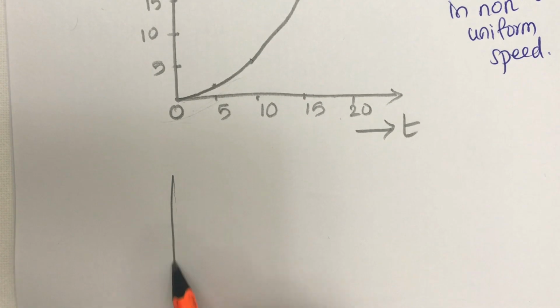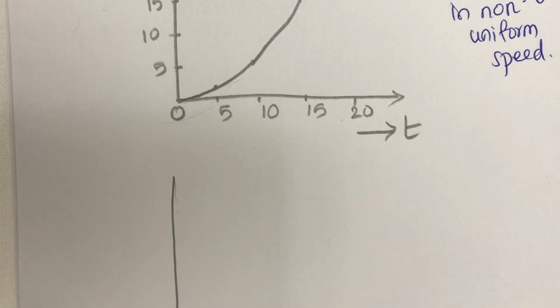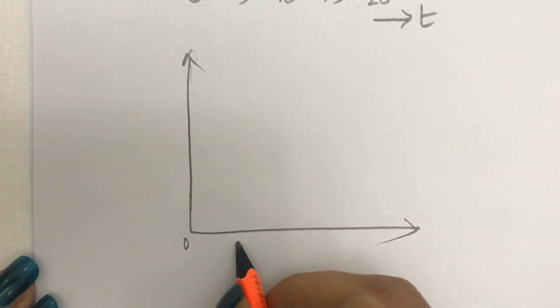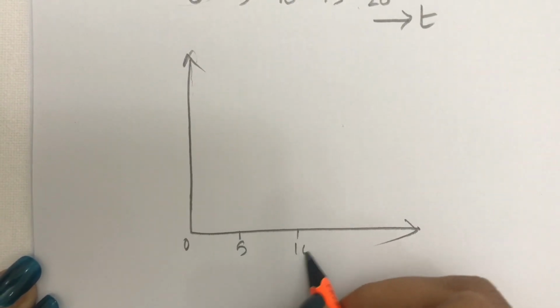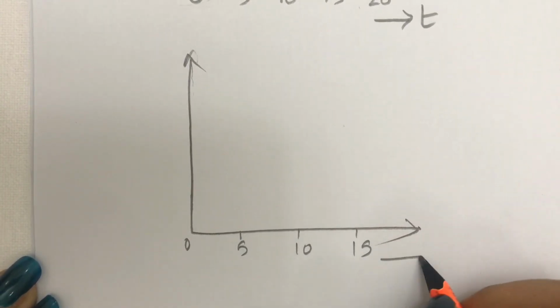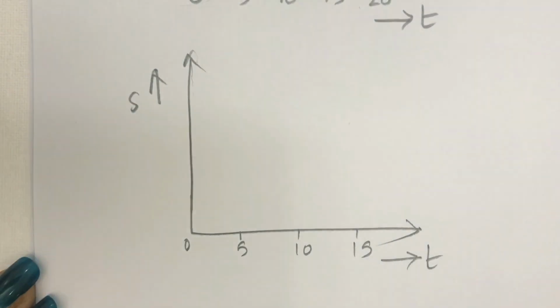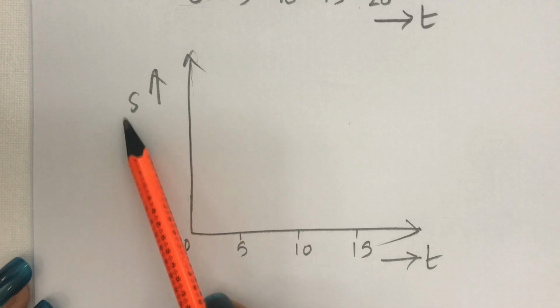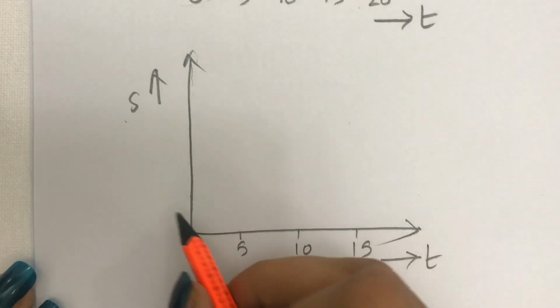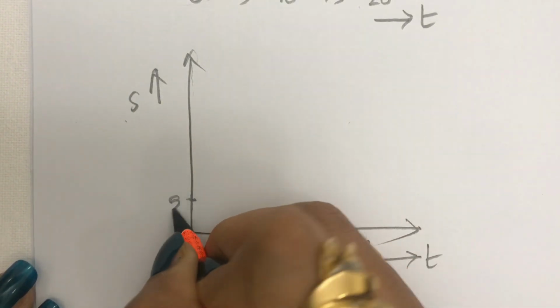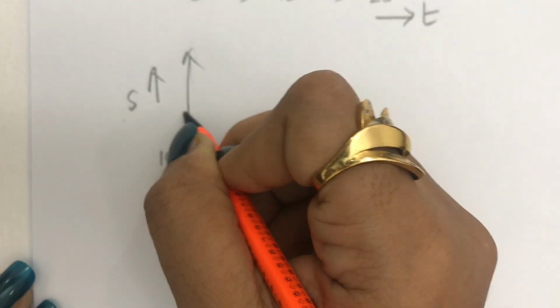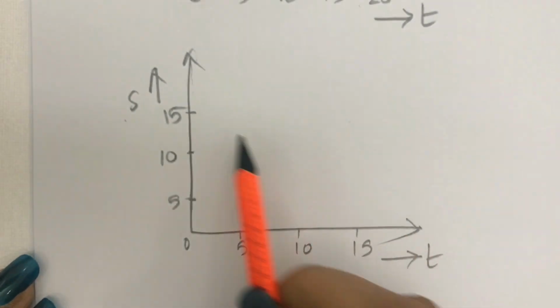So what will it look like? Here also 5, 10, 15. This will be time, and this will be my distance. Distance we denote by s. Here also 5, 10, 15.